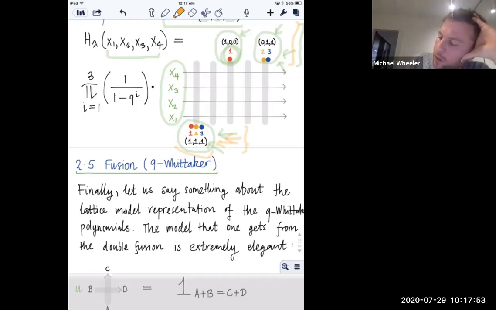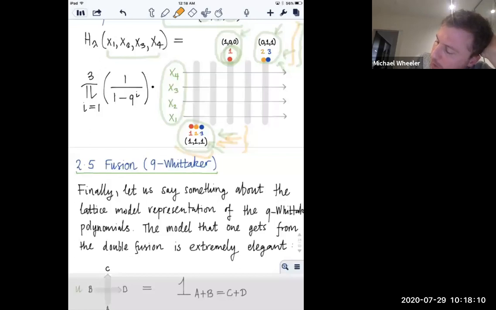So certainly in the q equals 0 case, there's a decompressing procedure that will allow you to see the determinant.